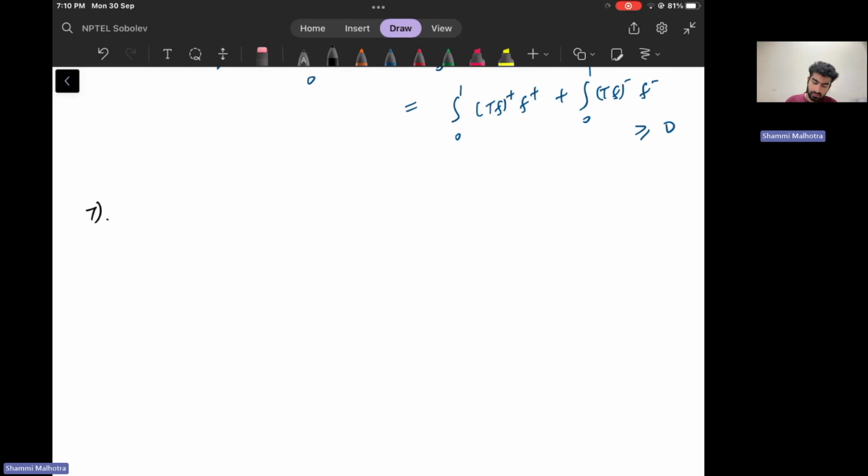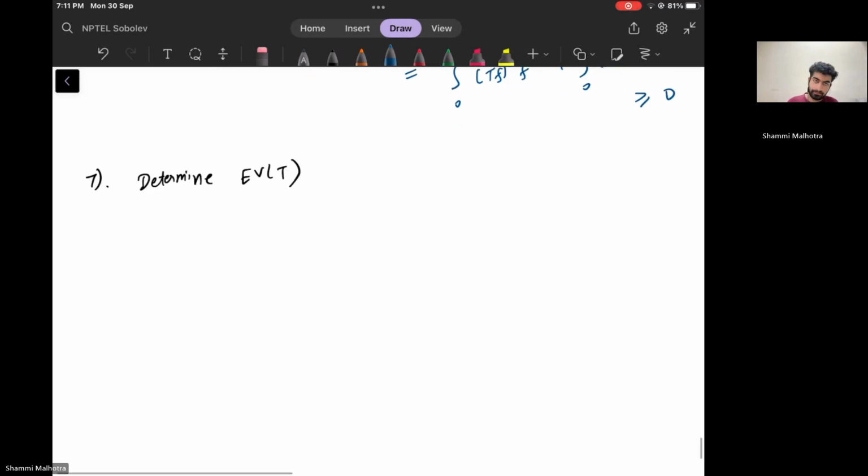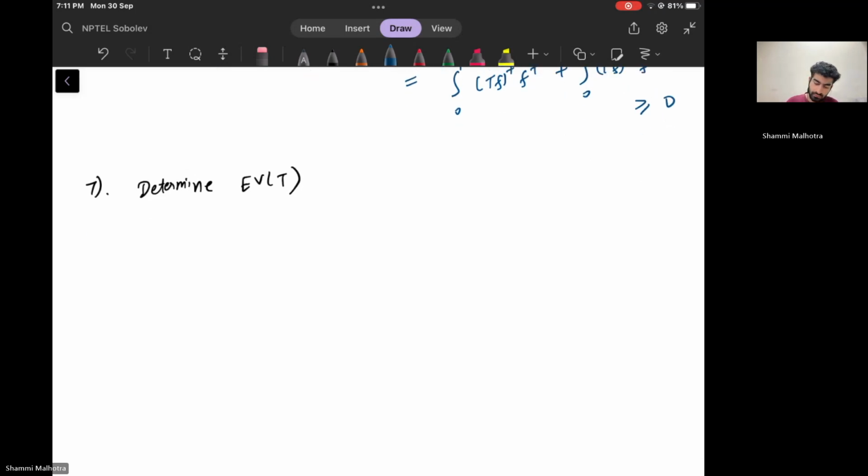We have to determine the eigenvalues of this operator T. One thing about this eigenvalue: since my T is compact, it's not invertible, so that eigenvalue is zero. And for timing, we are not considering that. We're considering the non-zero eigenvalues.